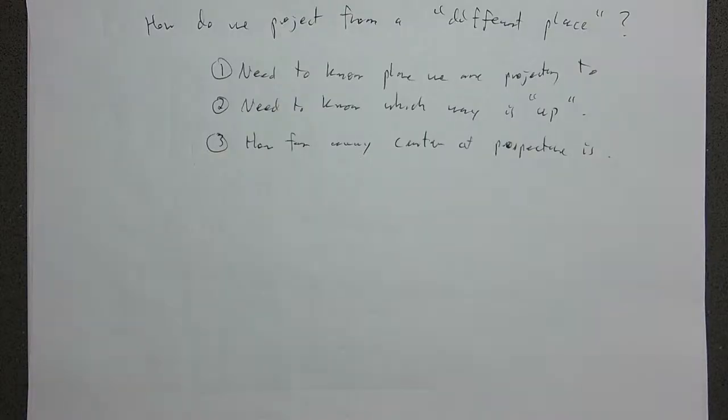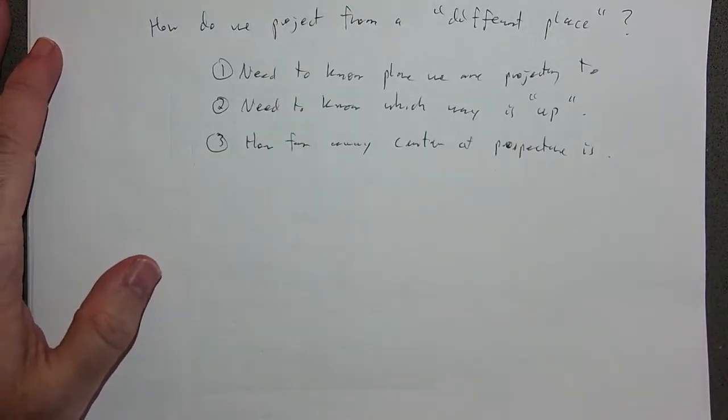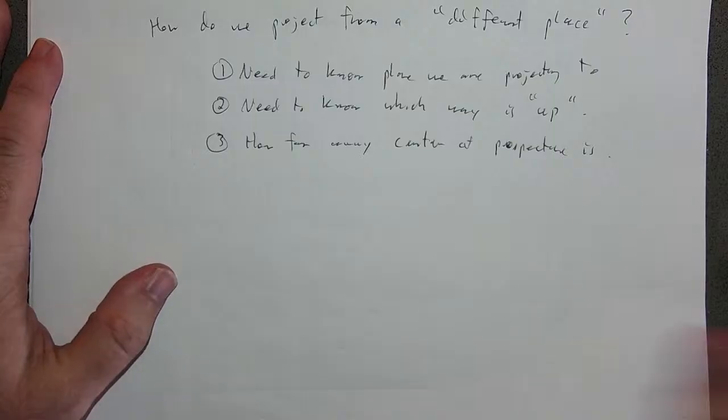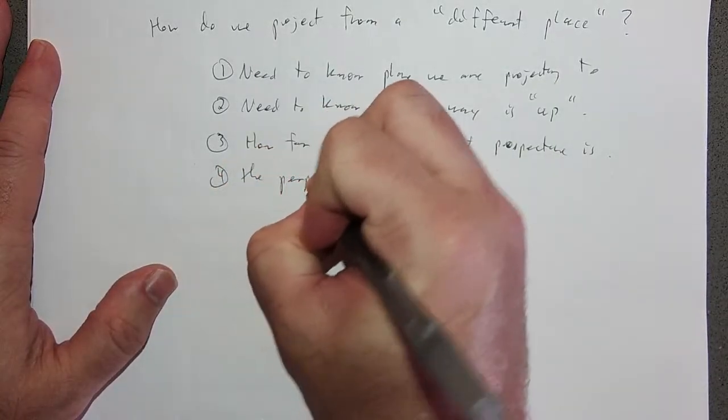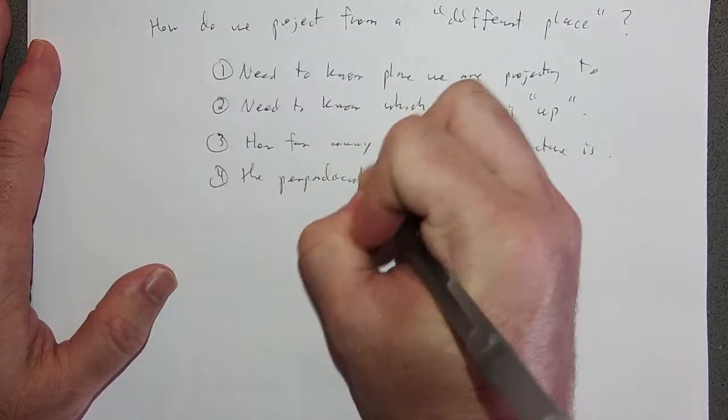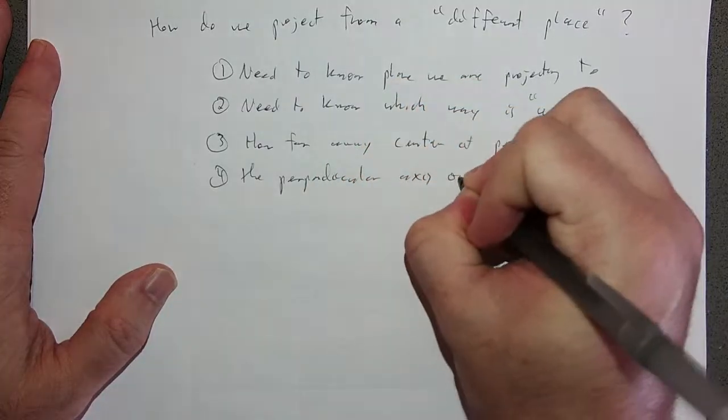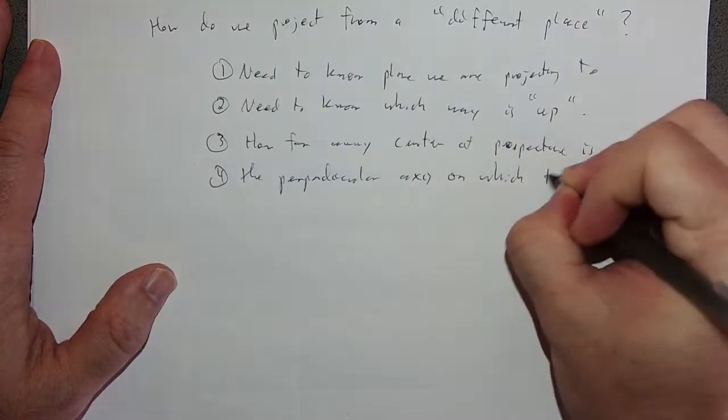But the center of perspective is going to lie on some viewing axis, which is itself the perpendicular axis on which the center of perspective lies.